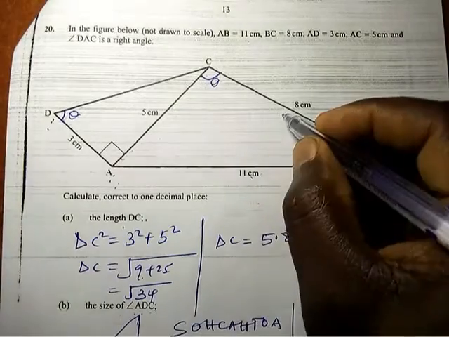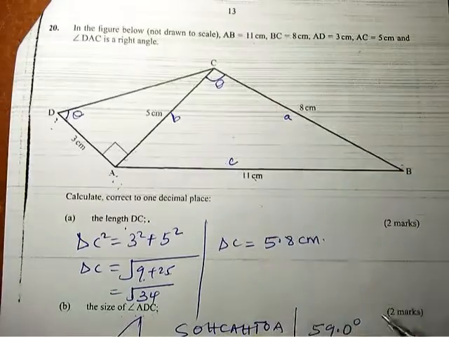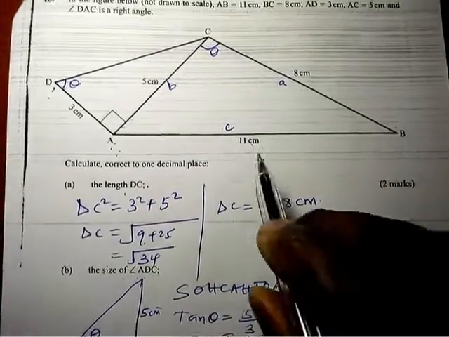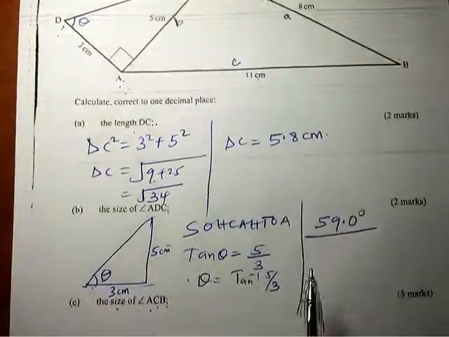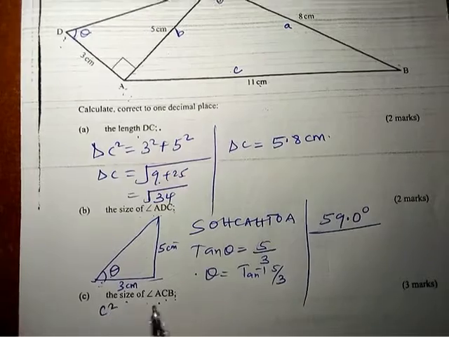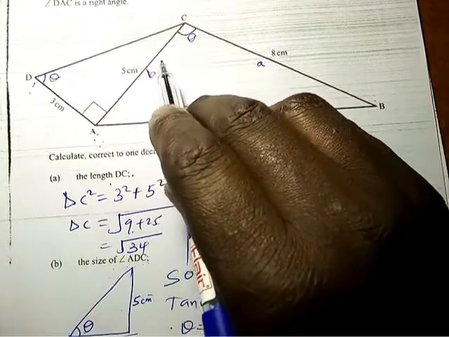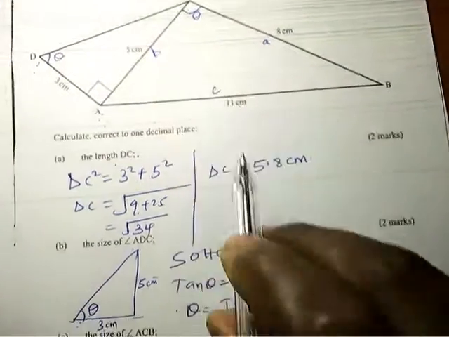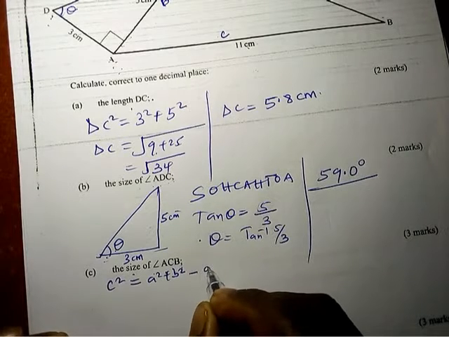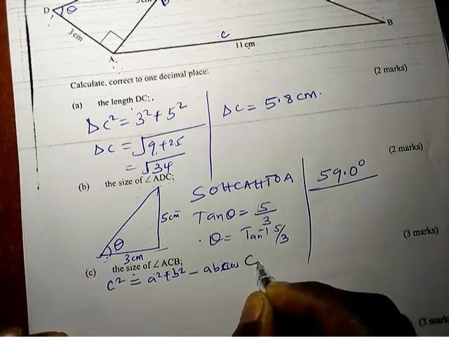This is A, the opposite here is C, the opposite here is B. So we want this angle C. So C square will be equal to A square plus B square, minus 2AB cos C.